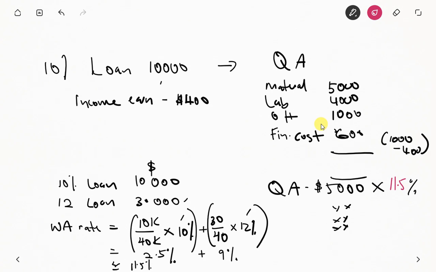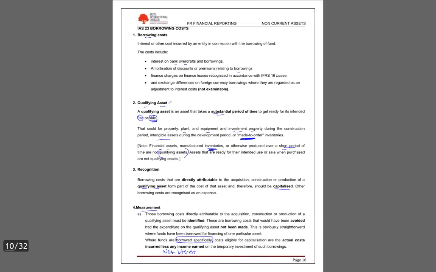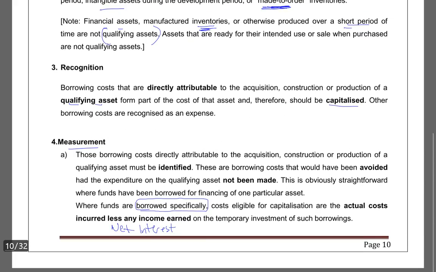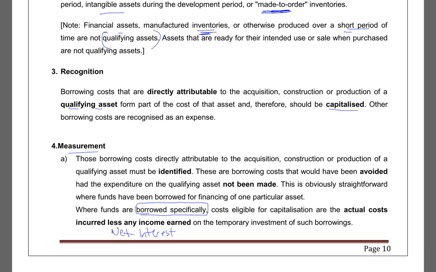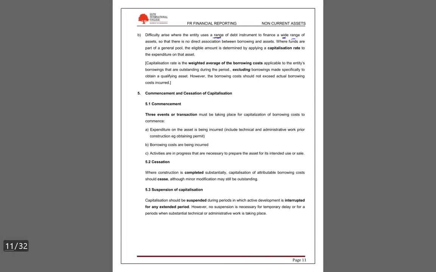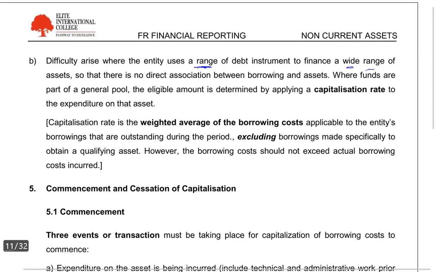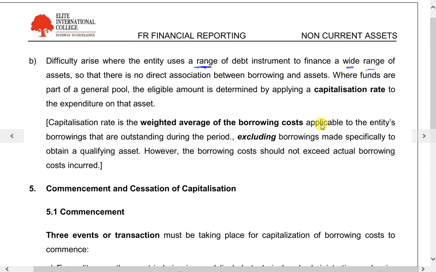So let's read through one more time. How measurement means how much do I capitalize? It depends. Is it a specifically borrowed fund? If yes, we take the net interest. Next, the problem means the difficulty arises when you use a range of debts, meaning the 10% and the 12%. It could be a few others; my example is only two, 10 and 12.